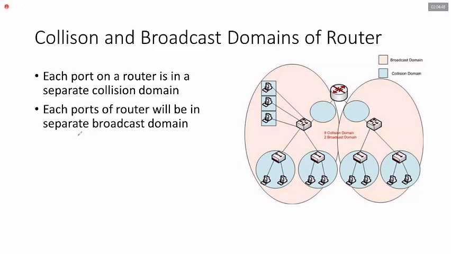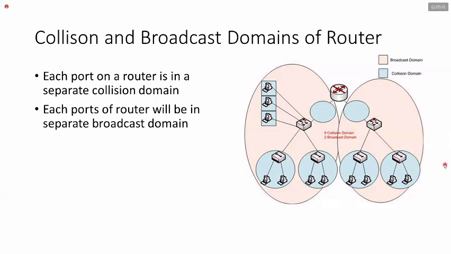Now we are looking at the collision and broadcast domains of a router. This is an example. You can see there is a router. Little by little you will learn these symbols too. This is a switch, this symbol is for a router and this is for a hub.